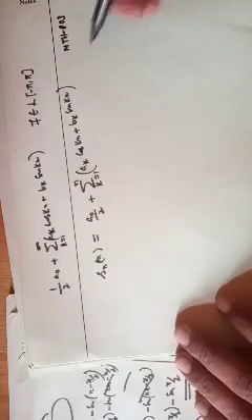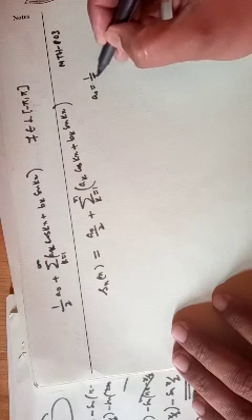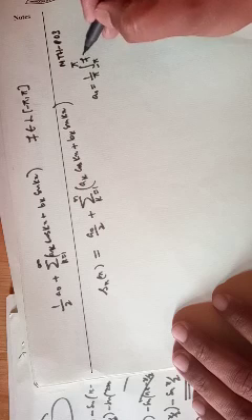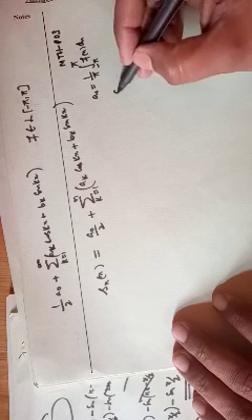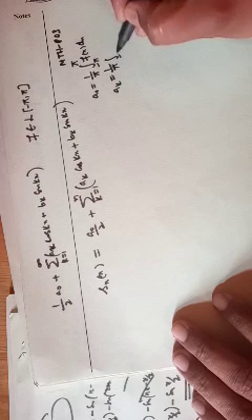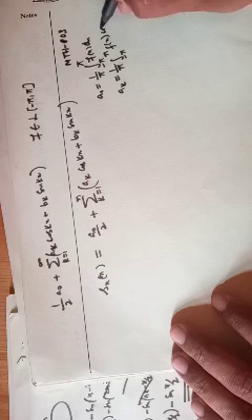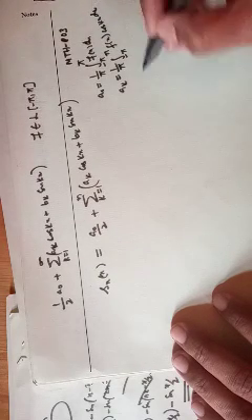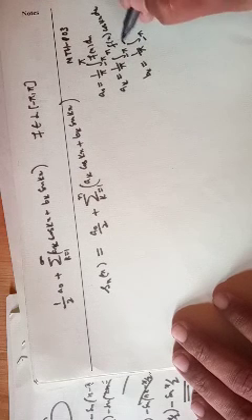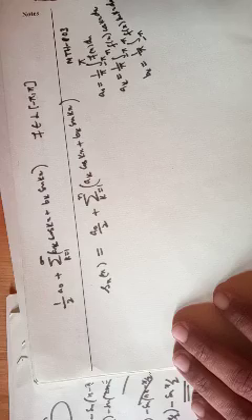So now we know what is ak, a0 and everything else. Now a0 we know is 1 by pi integral minus pi to pi f of x dx, and similarly for k greater than or equal to 1, ak is equal to 1 by pi integral minus pi to pi f(x) cos kx dx, and b sub k is the same thing except in place of cos we've got sine kx dx.